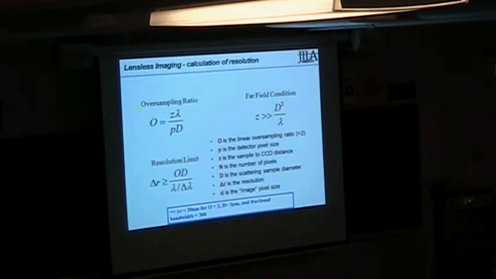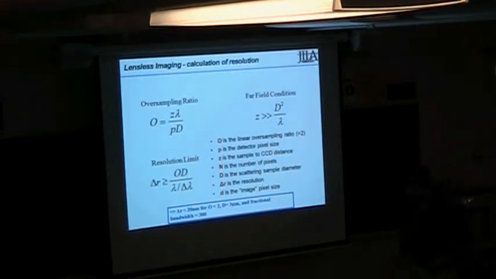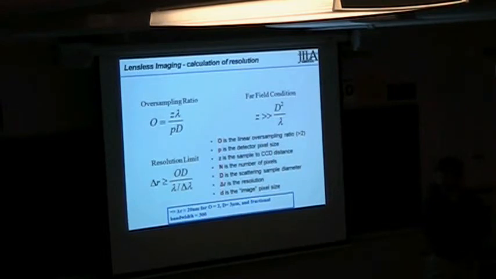The most important thing is to be properly oversampled. This sets what kind of resolution we can get, because we have a finite size of our camera, so that distance away that we have to go sets the numerical aperture of the system.